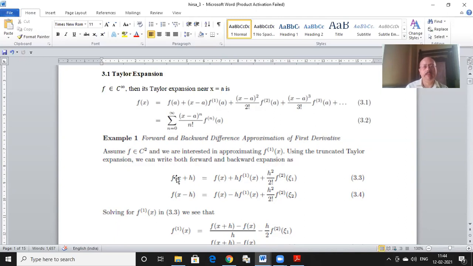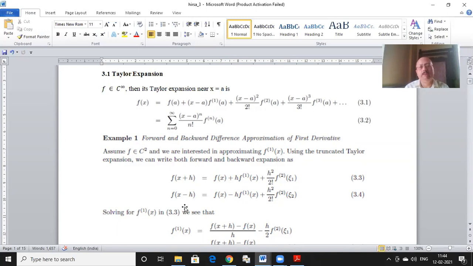I use a truncated Taylor expansion in two different ways. One is the forward one, which is f(x+h) approximated by f(x) plus h f^(1)(x) plus this correction term, which is of the order h squared by 2 factorial. If I ignore this term, then it will become an approximation.